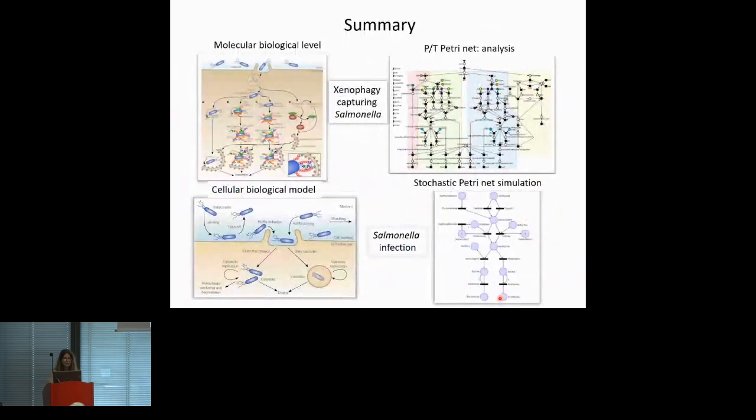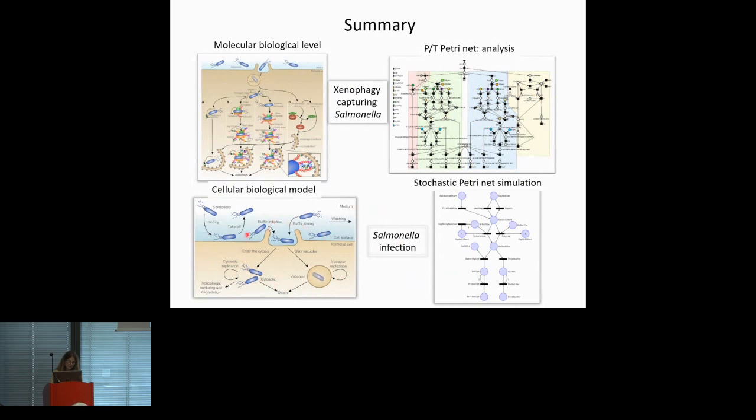Okay, so I'm coming to the summary. So first I introduced xenophagy capturing salmonella. So those are the molecular biological processes, and that is the corresponding classical place transition network.